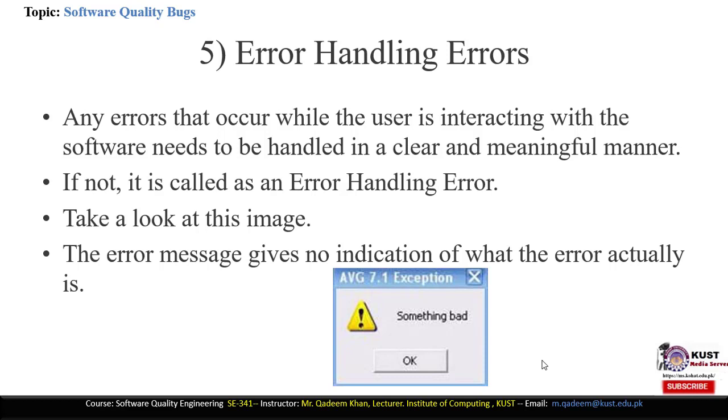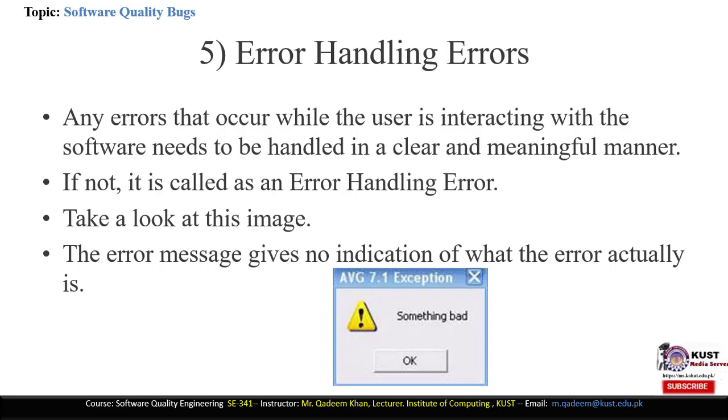The errors that occur while the user is interacting with the software need to be handled in a clear and meaningful manner. There should be very precise and meaningful information on each and every error. When a user makes some mistake, the message should help the user clearly. If not, it is called an error handling error.